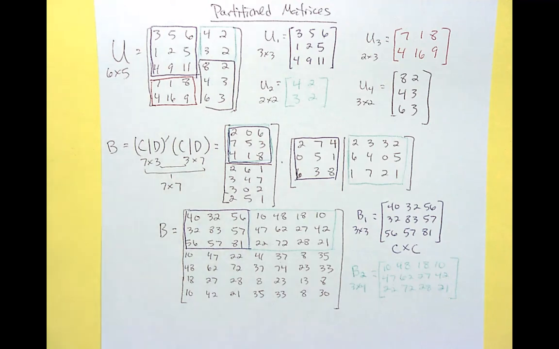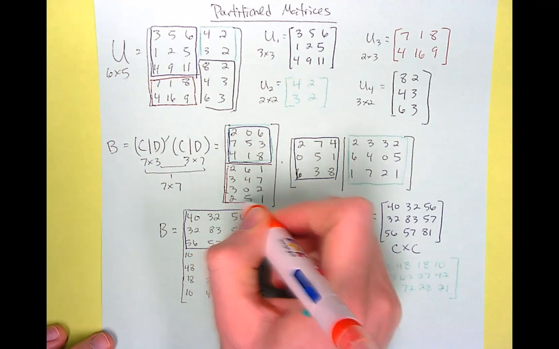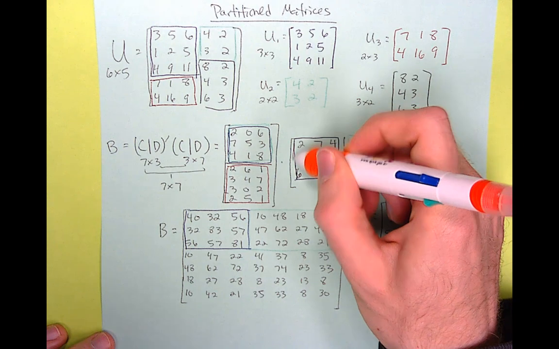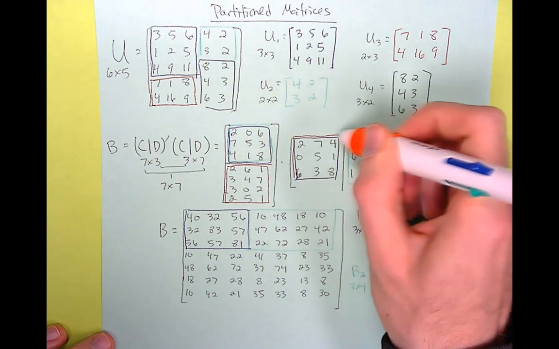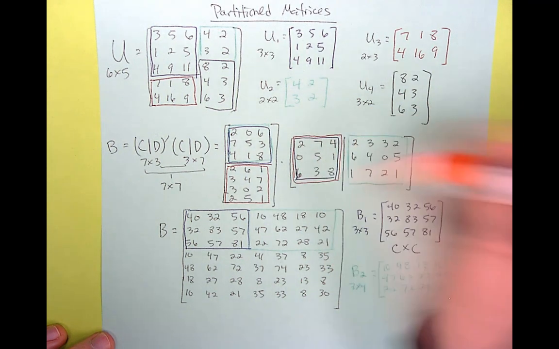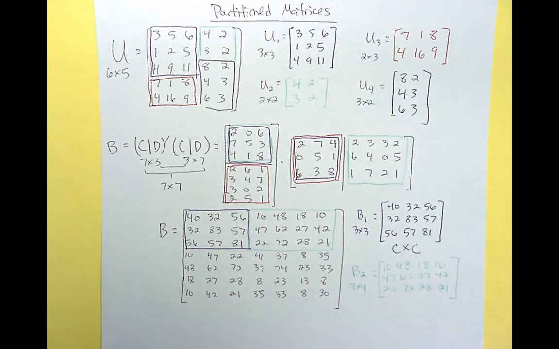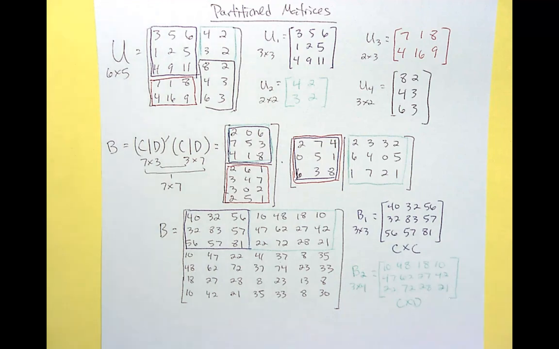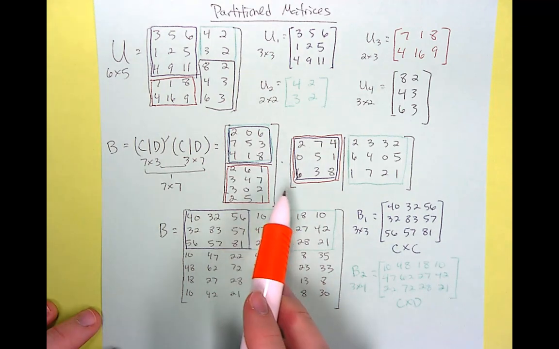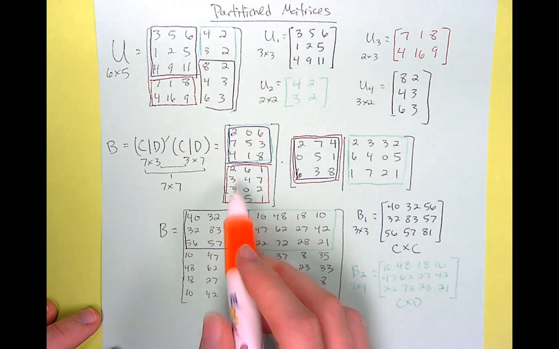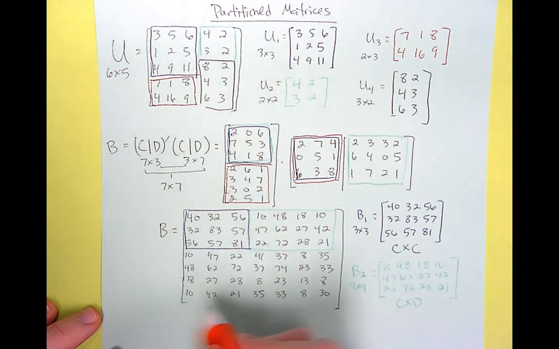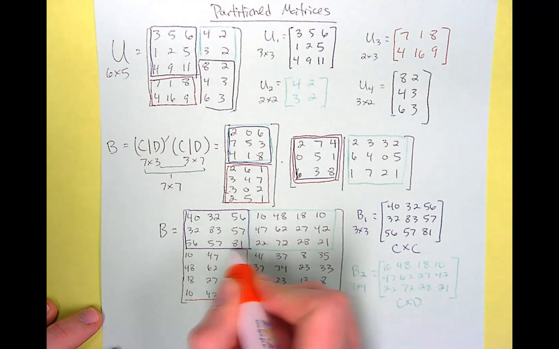Okay, our next one, I'm going to do in red. You get it by taking this one here and multiplying it. If you remember how to do matrix multiplication, you're going to do it by this one. Sorry, I meant to say that this is the C times D matrix. So the result for the one I've highlighted in red, a 4 by 3 times a 3 by 3, gives you a 4 by 3, which is this one.